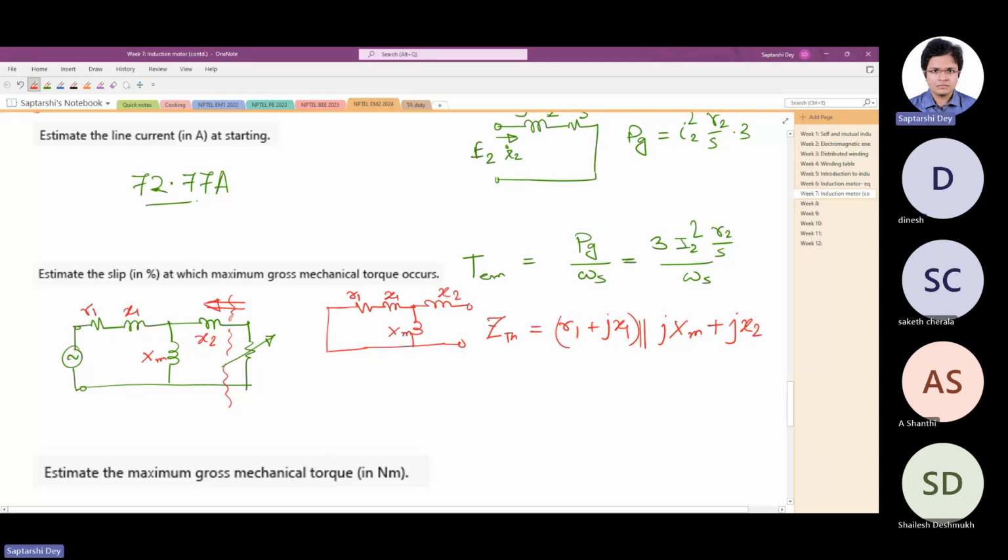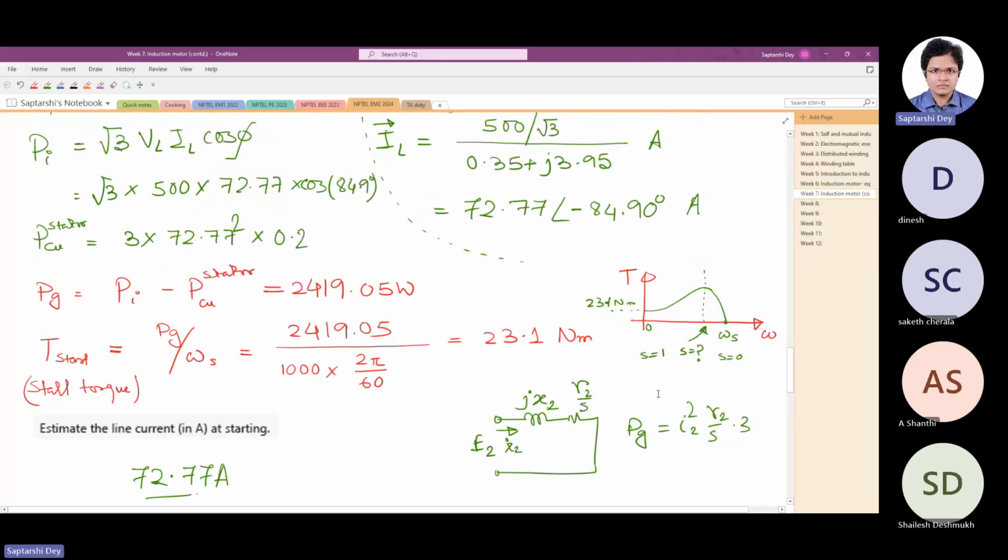Sir, this is asking where the maximum mechanical torque occurs. So if I consider that maximum torque occurs at the maximum gross power. No, power is torque times speed. Right. Now on this curve, suppose the green one is the torque versus speed.